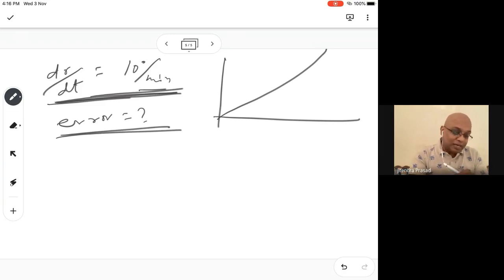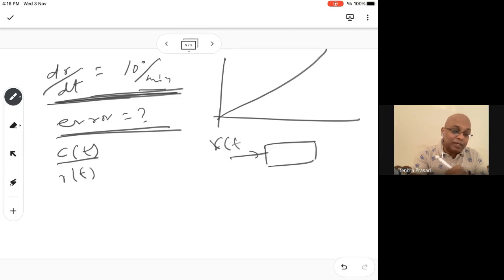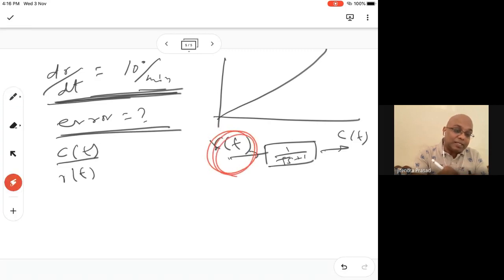Okay, so your equation, you know, C(t) over R(t). First, looking at the statement, you have to see what exactly is being asked. So C(s) over R(s), as you know, is a first order system given by 1 over Ts plus 1. This is the body temperature here, and this is the indicator. Whatever the value here is, the indicator will be showing it, and in between there is a sensor circuit.